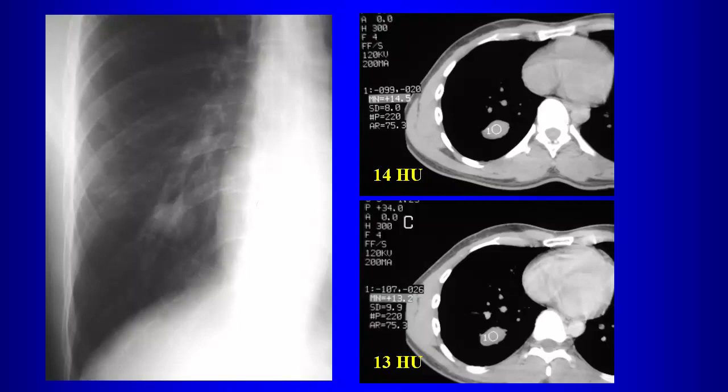Is there anything that could do that? Anything else? What infection might do this? No, around pneumonia, you'd expect to have more consolidation around the lesion, right? Because that's a pneumonia. But this is a well circumscribed fluid collection.